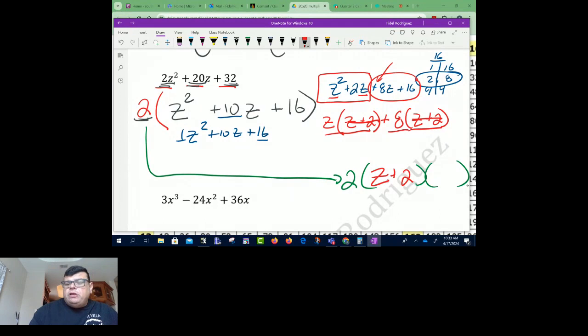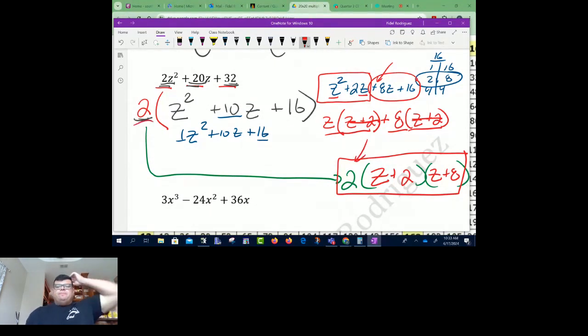And then the other one is going to be a z plus 8. And we still had that 2 in front of it, because that was part of my original problem. So when I have something like this, once I take that one piece out, I'm just going to carry it down over here to the bottom, because I know I'm going to use it again, but I'm not going to use it until the very, very end.